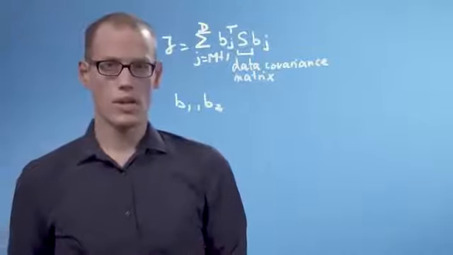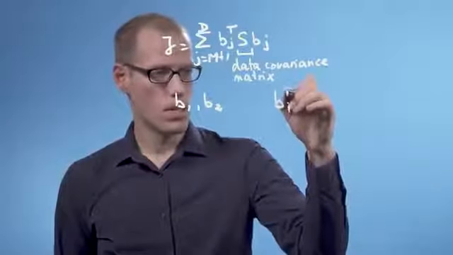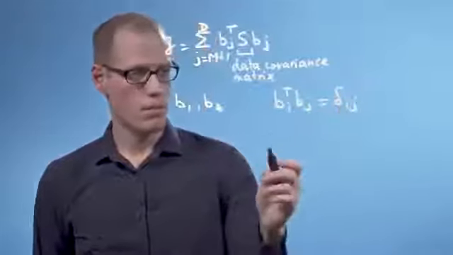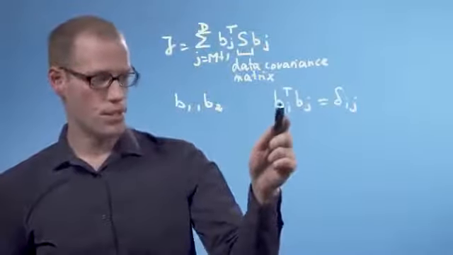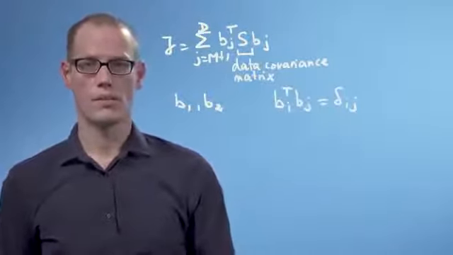We also have the constraint that B1 and B2 are orthonormal, which means that Bi transpose times Bj is delta ij, meaning that this dot product is 1 if i equals j and 0 otherwise.